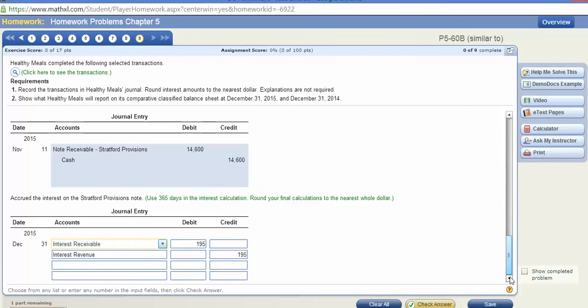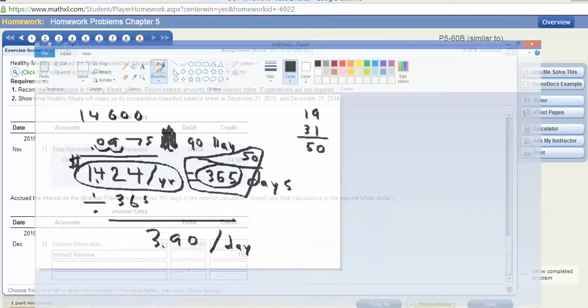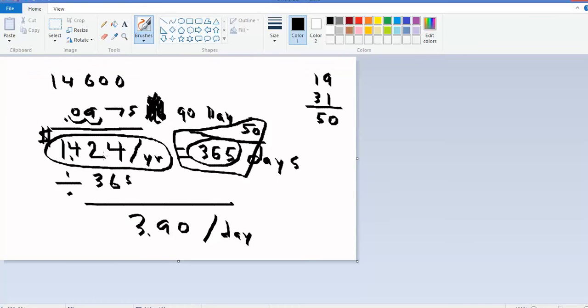And this is how you accrue. Notice the trick here is you're not doing a nice, neat 2 months. We couldn't take the 1,424 and multiply it by 2 and divide by 12. 2 months over 12 is 2/12 of a year. We couldn't do that because of this messiness of November 11th to November 30th being 19 days, and then the full 31 of December gives us 50 days.